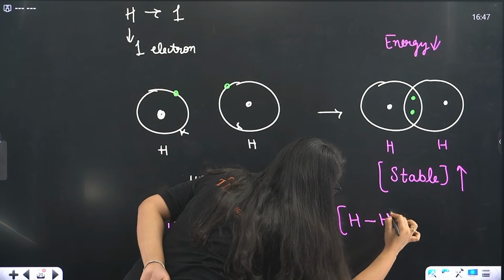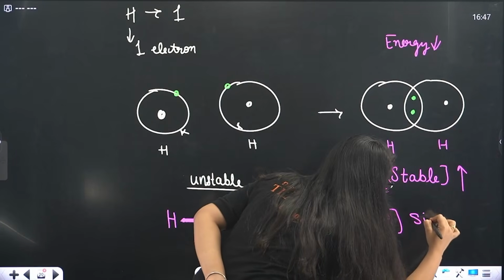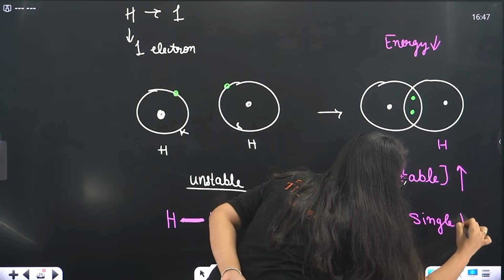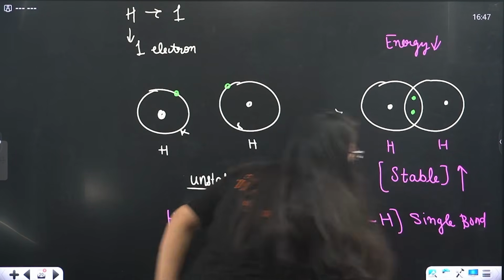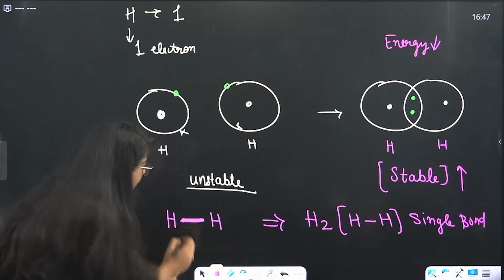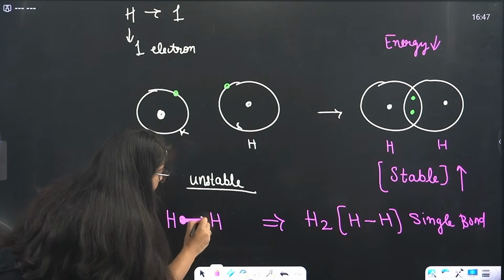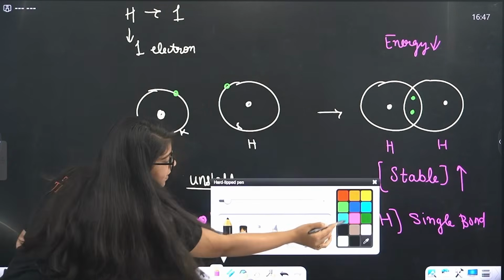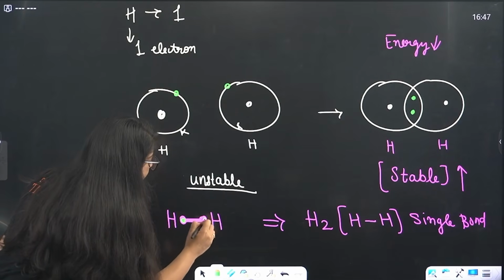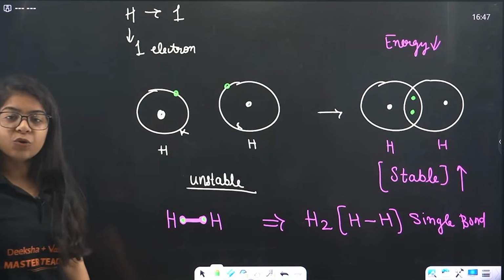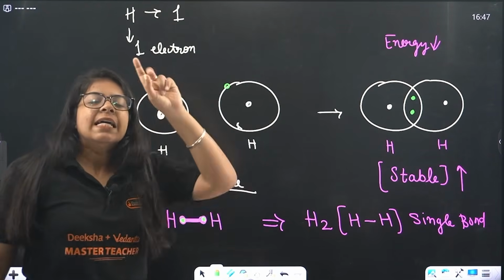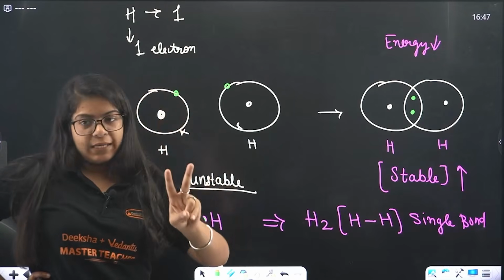H, single bond, H. It is a single bond. Single bond is made up of what? 2 electrons. 1 electron by this hydrogen, 1 electron by this hydrogen. So, it is being made by 2 electrons. 1 covalent bond is made by 2 electrons.